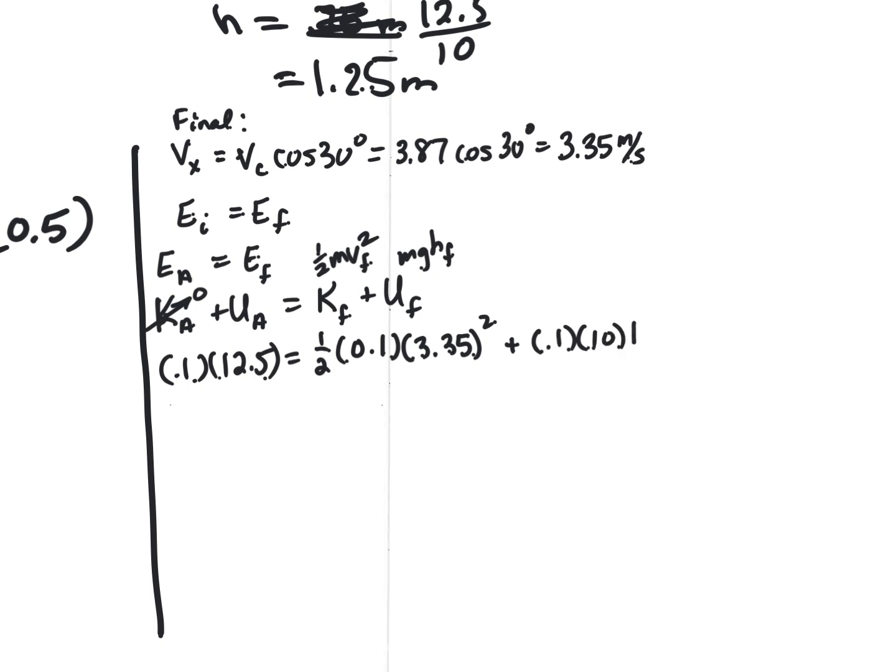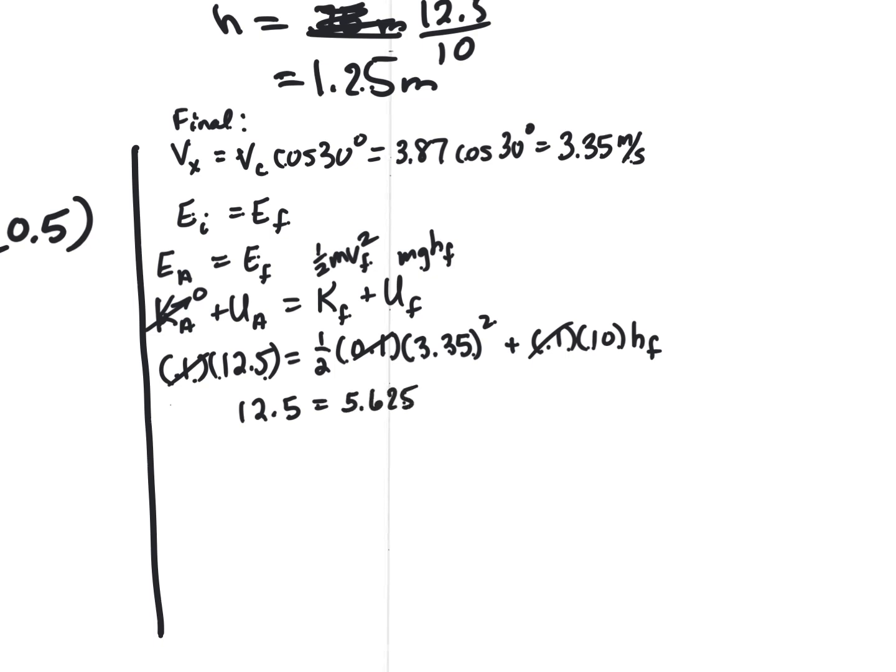So again, I can get rid of mass. So I have 12.5 equals half of 3.35 squared, which is about 5.625, plus 10 times the height final.